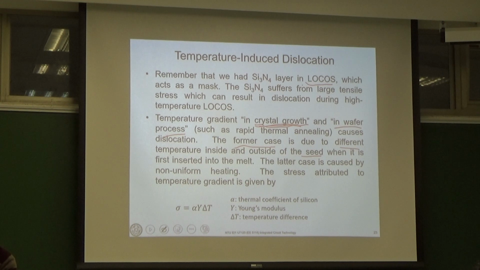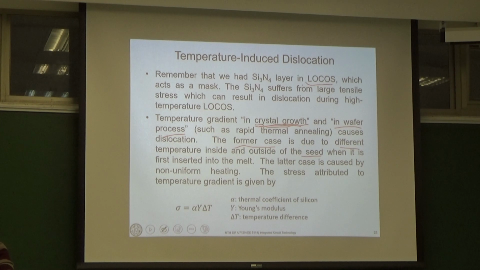Okay, and like in your wafer process, when we try to heat up the silicon substrates, if we don't heat up the wafers uniformly, which means across the wafer you will have some temperature gradients, then that will also introduce some stress.